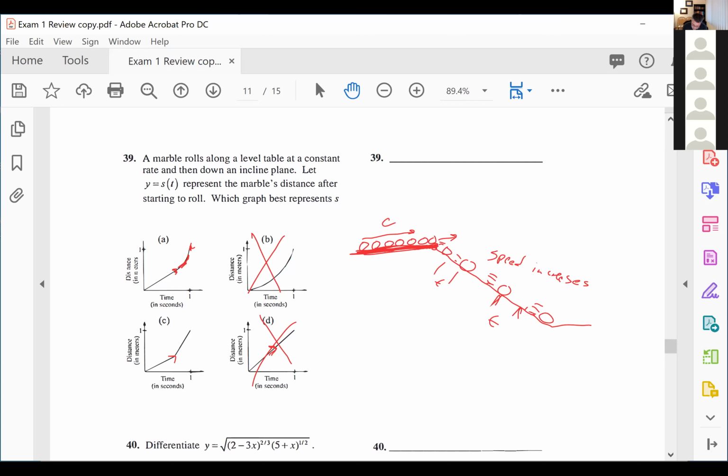And it's not going to just go up in rate. Okay, C would only happen if I kept it here and then I increased the speed, but I didn't increase the incline.